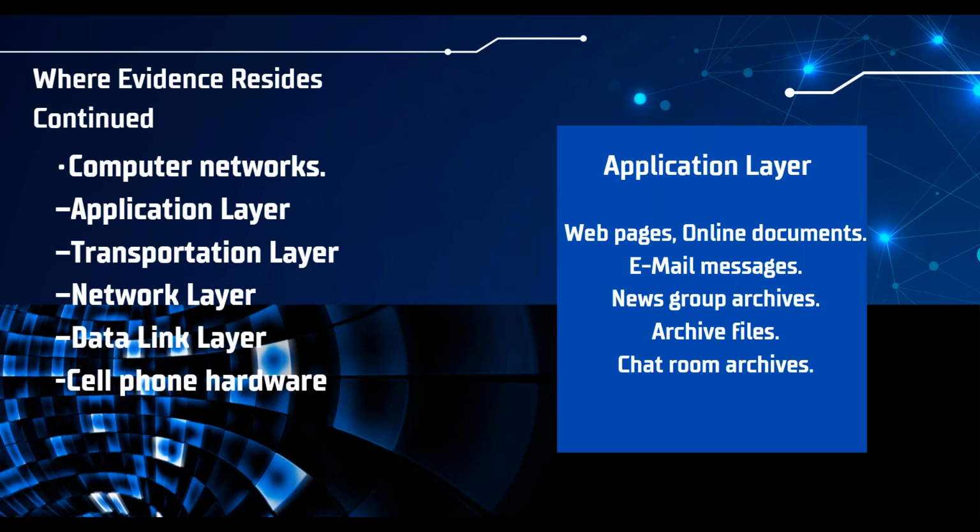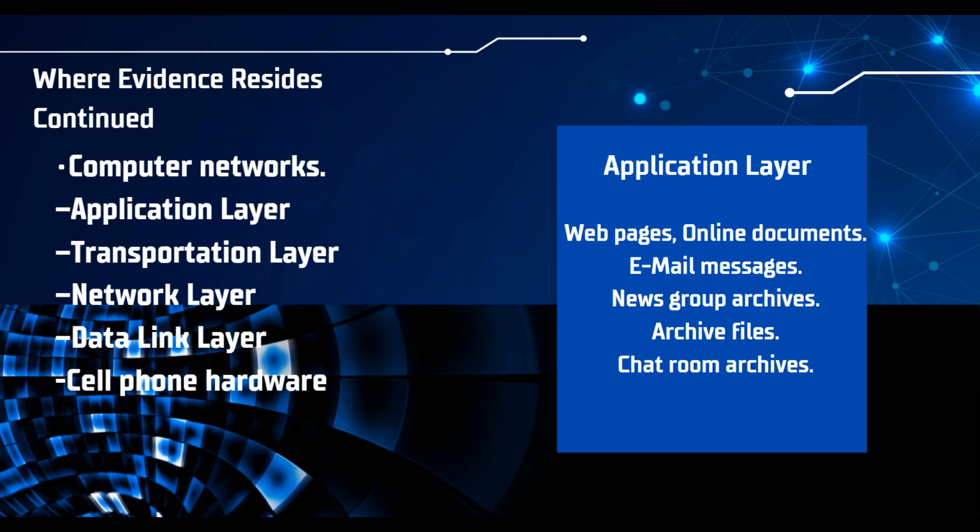The application layer typically deals with the protocols or formats that we see with HTTP, our hypertext transfer protocol. We have our file transfer protocol, and then our simple mail transfer protocol. So evidence at these layers can include, typically, your web pages, your emails, your documents, like we said, our social media posts, and file exchanges through application software programs or apps.